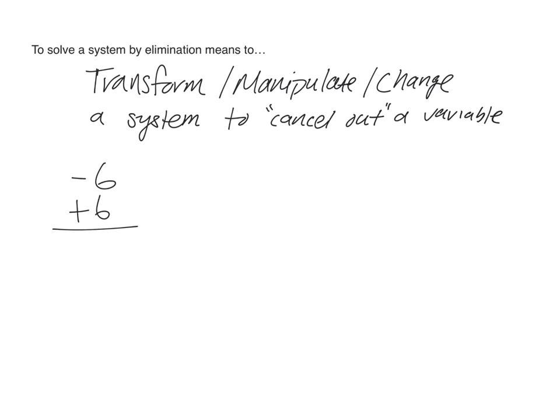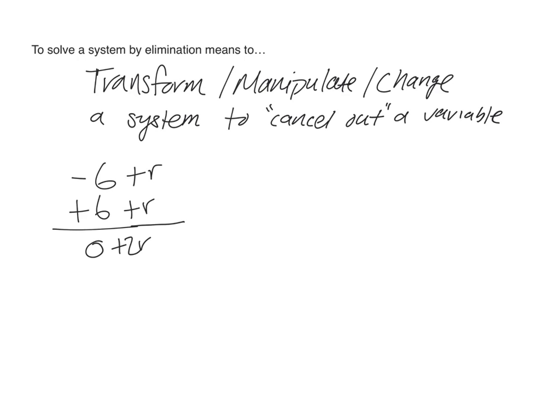So now, what if I were to add r's to that, and I said, let's add those two expressions together. -6 plus 6, 0. R plus R, 2R. So plus 2R.